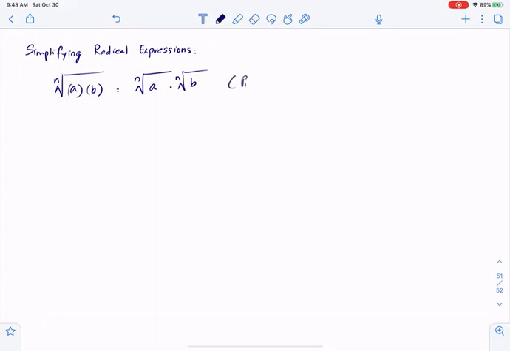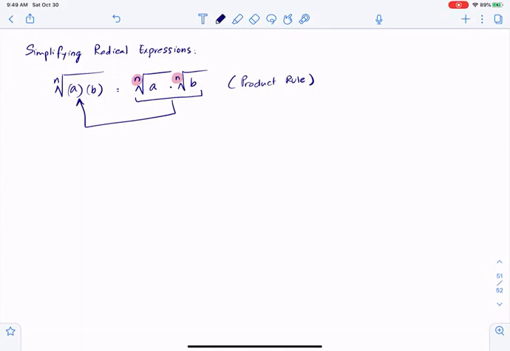Now, the specific name for this rule is the product rule, which simply states that if you have two individual roots, as long as the roots are the same, in other words, nth root and nth root, then you can bump them together.